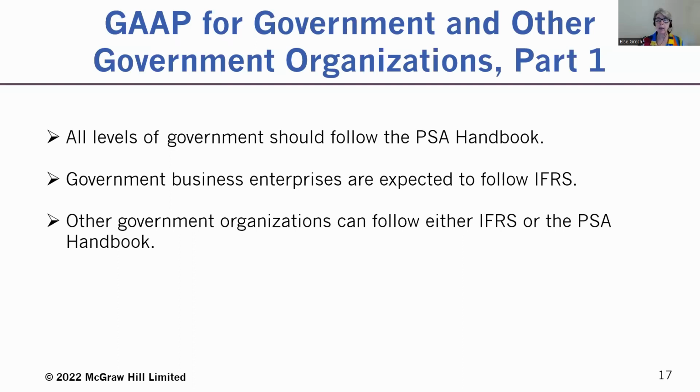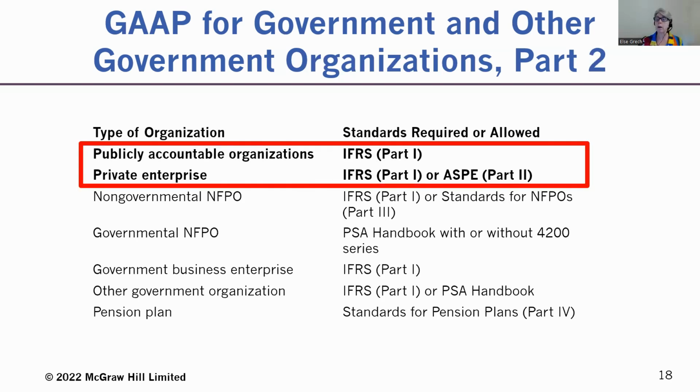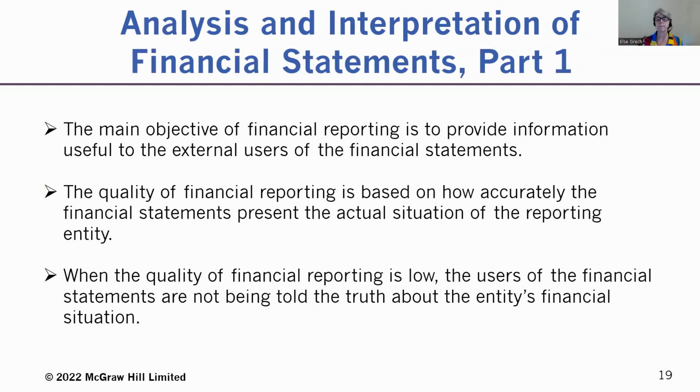The PSA Handbook provides a series of definitions and related guidance around various types of entities operating in the public sector and the accounting framework to be applied to these entities. Keep in mind that this topic, like not-for-profit standards, is beyond the scope of this course. So our focus will be on IFRS and ASPE in this course.